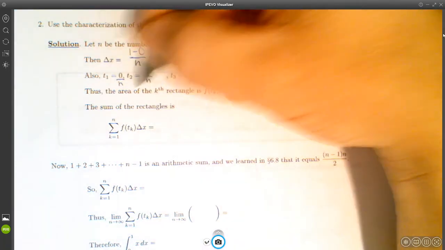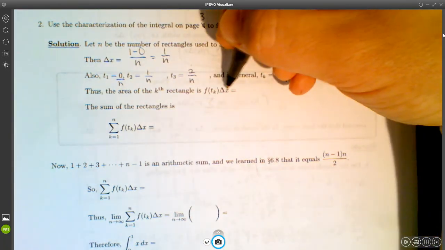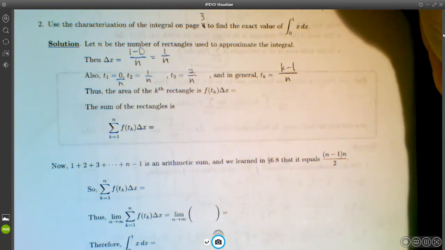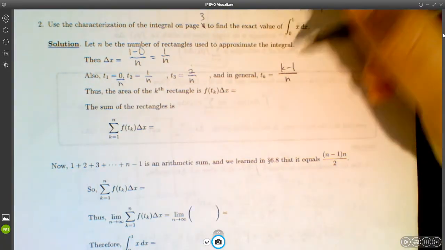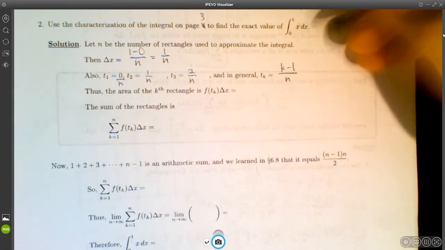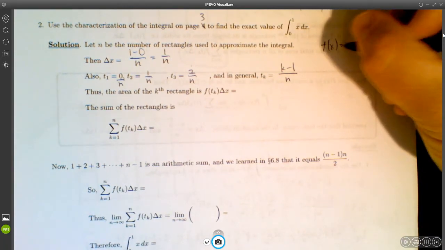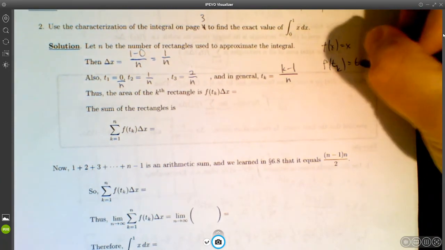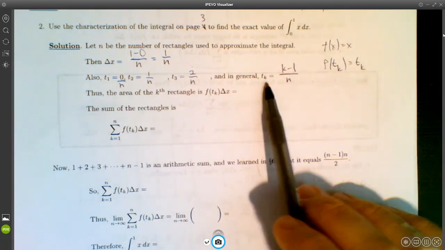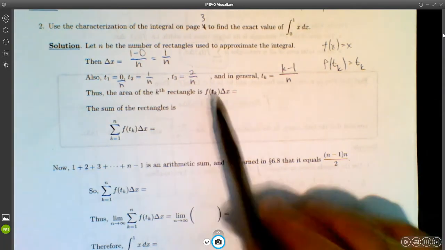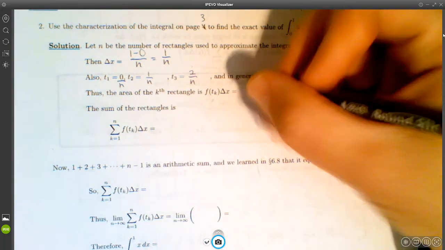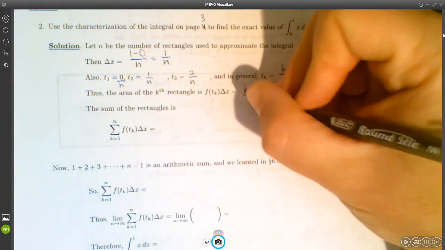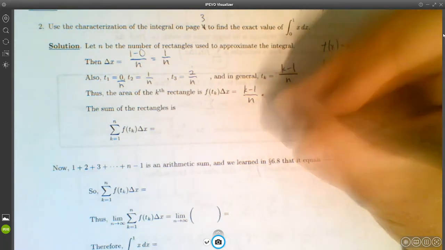Thus, the area of the kth rectangle is f of t sub k times delta x. Well, f of x in this case is just x, so f of t sub k is just t sub k. And t sub k we just figured out is k minus 1 over n. So f of t sub k times delta x would be k minus 1 over n times delta x. What's delta x?